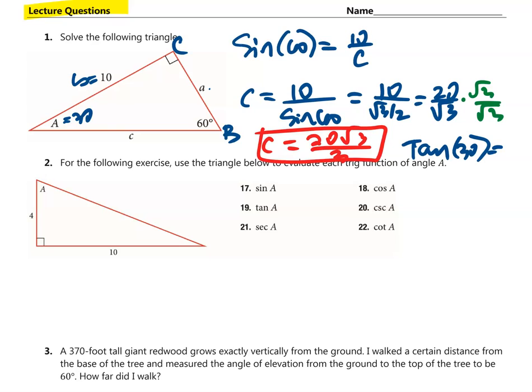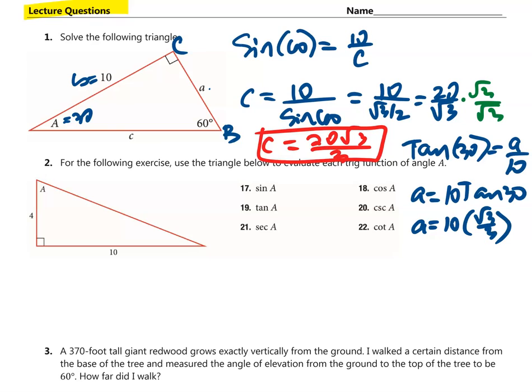Oops, sorry. SOHCAHTOA, opposite over adjacent, so A over 10. So A is equal to 10 tangent 30, and tangent 30 is square root of 3 over 3. So A is 10 square root of 3 over 3.